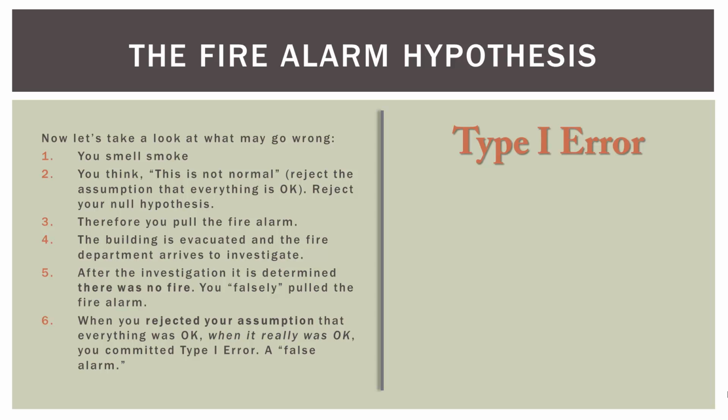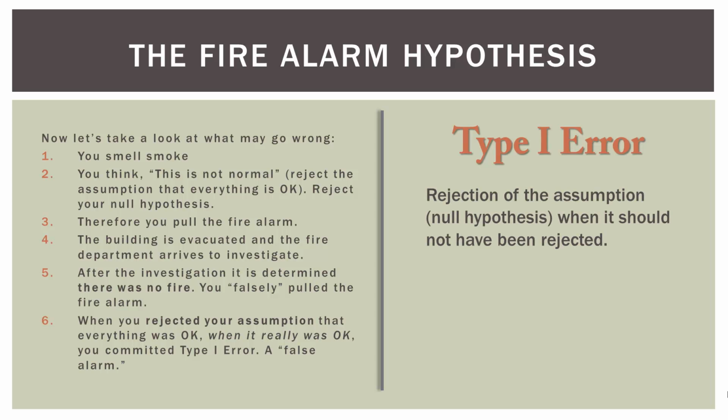So let's talk about type 1 error more formally. Type 1 error is rejection of the null hypothesis when it should not have been rejected. So in the fire case, you rejected your assumption that everything was normal, but the reality was everything was okay.